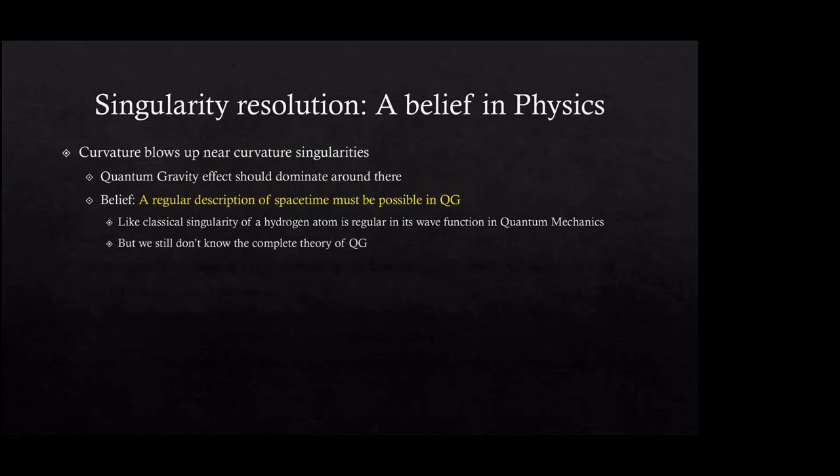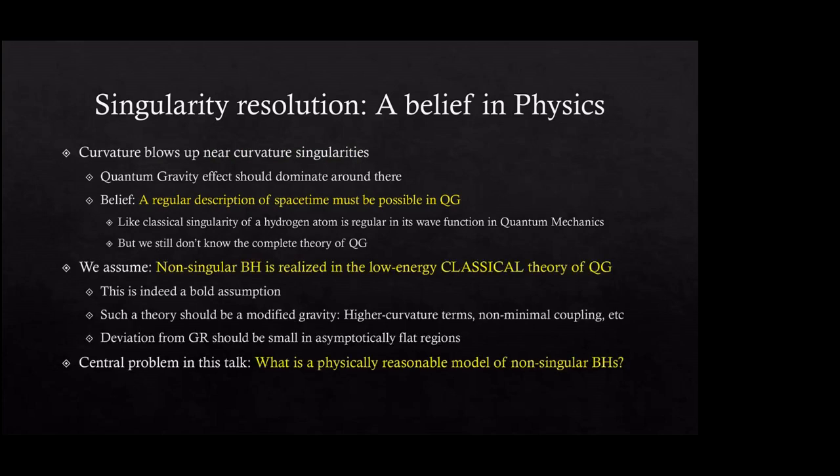This is like quantum mechanics: the classical singularity of a hydrogen atom is regular in its wave function. But unfortunately, we still don't know the complete theory of quantum gravity now. So we assume that a non-singular black hole is realized in the low-energy classical theory of quantum gravity. This is actually a big assumption.